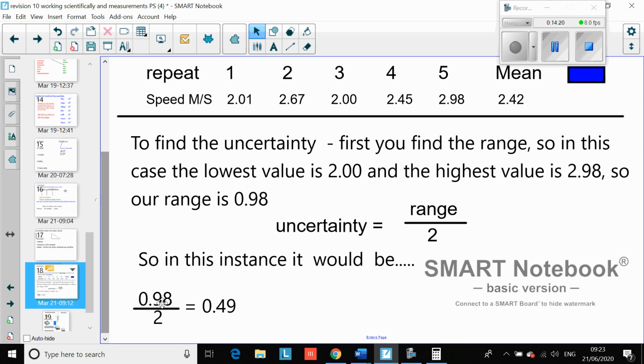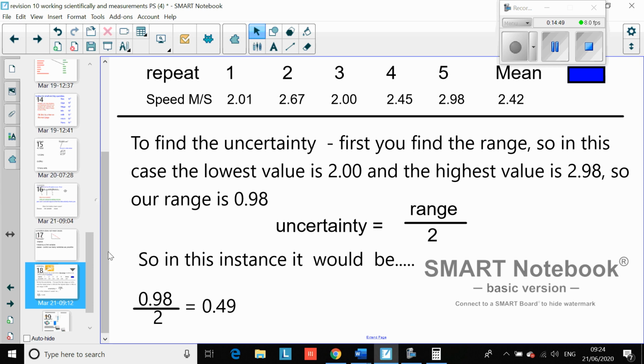So in this case, it's 0.98 divided by 2 equals 0.49. So basically, we can be pretty confident that whatever results we get, they're not going to be more than 0.49 out from this value of the mean. And indeed, they're not.